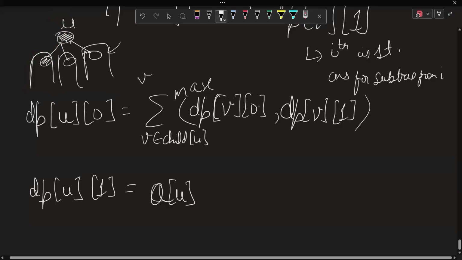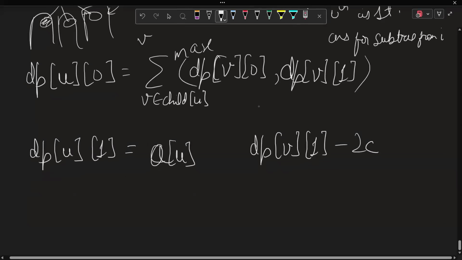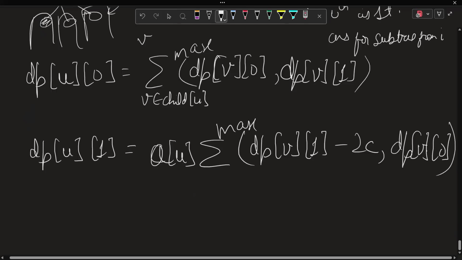So dp of v, if I'm selecting it, is also doing a minus 2c to my final answer. So either you select this and get a cost of minus 2c, or don't select this, dp[v][0]. You would take the maximum among these two for every child v.